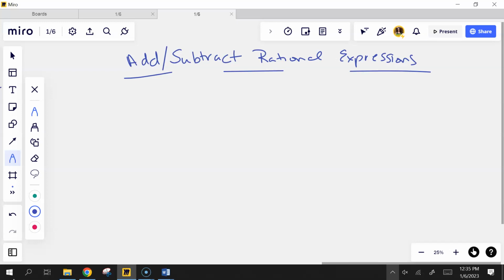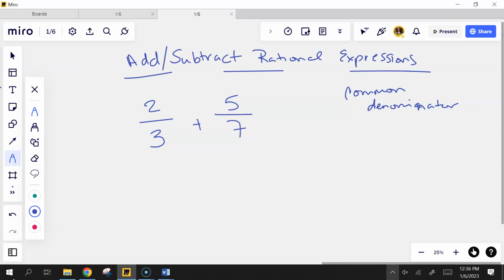All right, let's start basic. You gotta have a common denominator. So, my question then to you is, how do you come up with a common denominator?